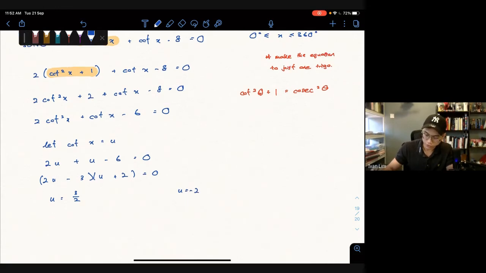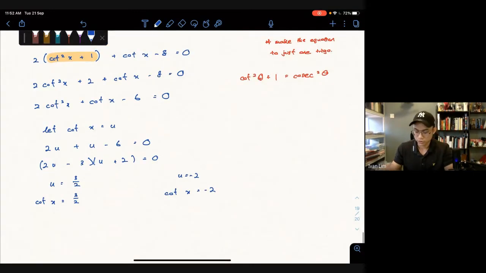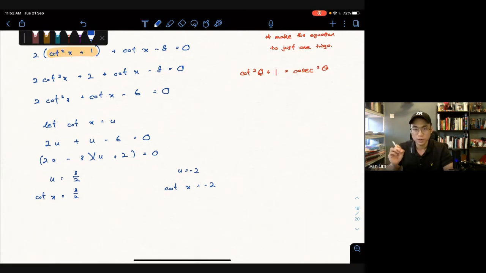Change it back to cotangent. So cot x equals 3 over 2. Cot x equals negative 2. So you see, now there are two possible values. But remember, for this kind of solving question, you are supposed to use the ASTC graph.